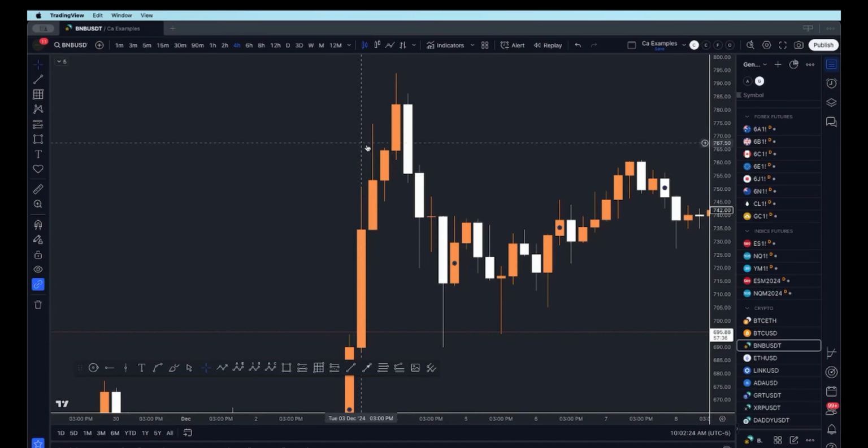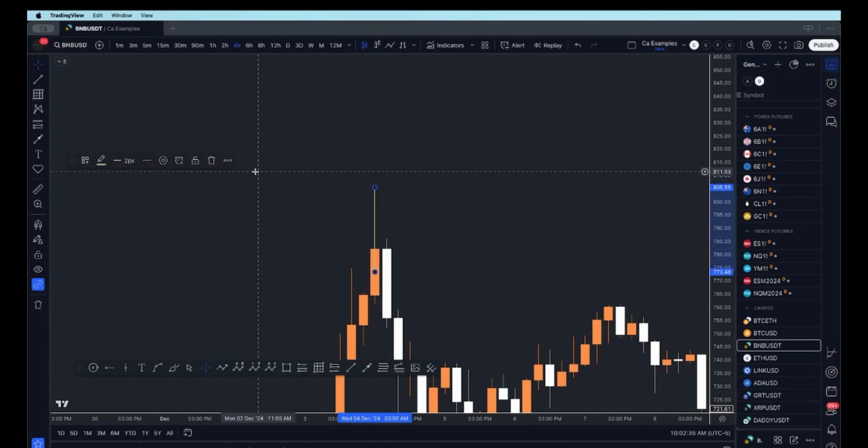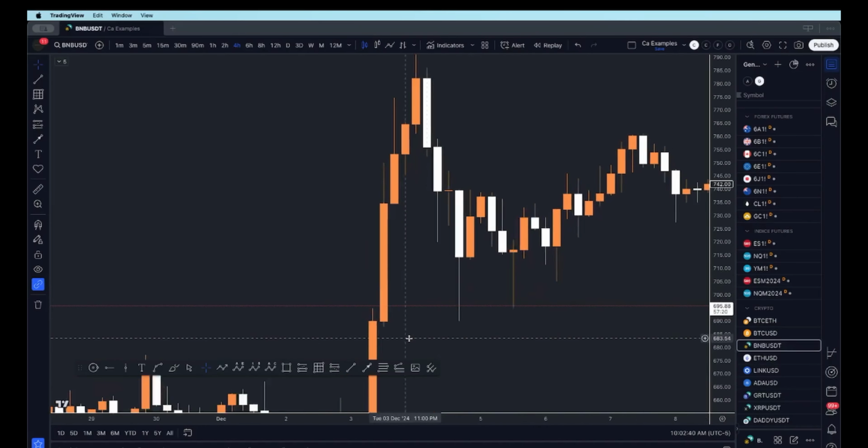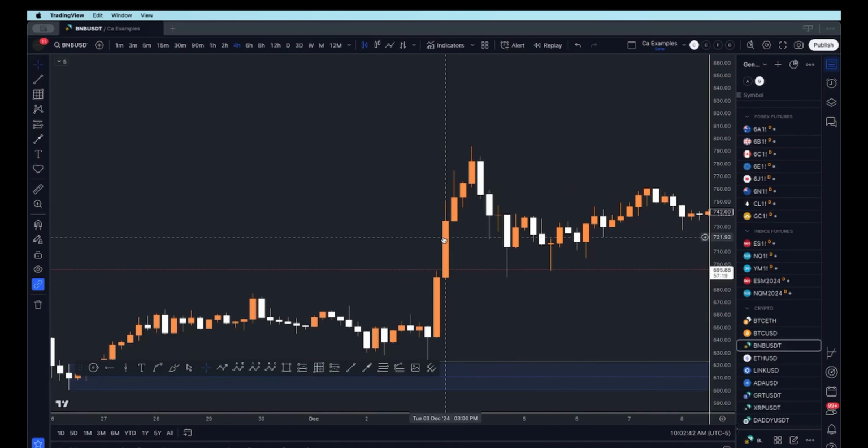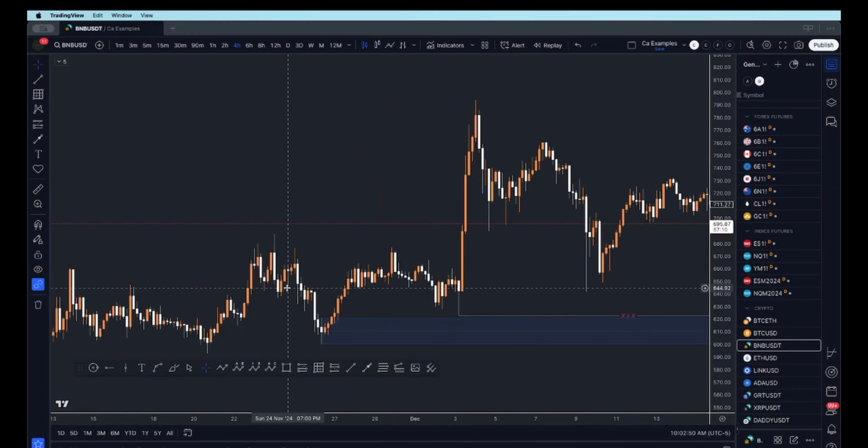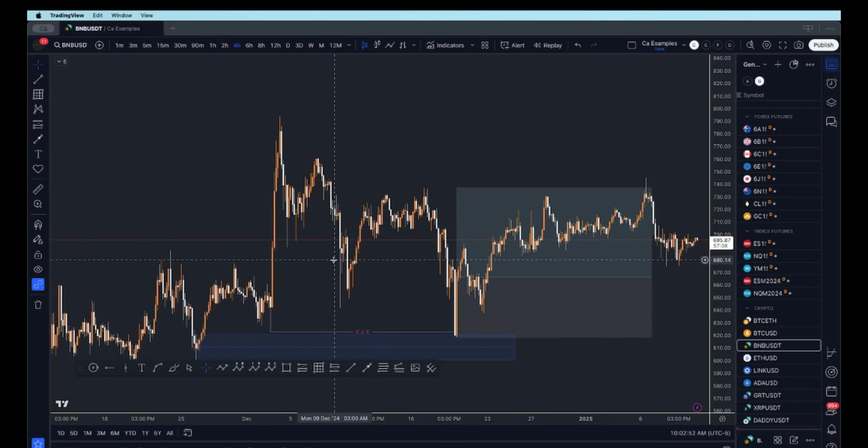But because they have big wicks on the top, that's like saying, hey, I'm trying to push down, I'm trying to push down. So for me, that's like saying, okay, I gotta wait. I'm trading with the trend. I'm bullish, right? And price is already telling me that it's trying to create some kind of pullback by showing these big wicks. Therefore, I'm just gonna wait a little bit, see if I can get into a better time or a better point in price.